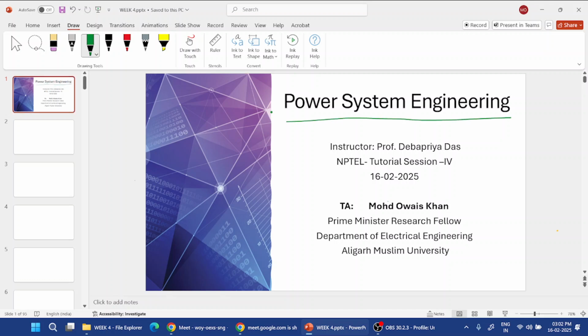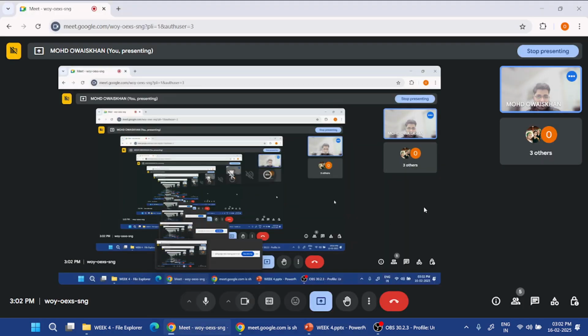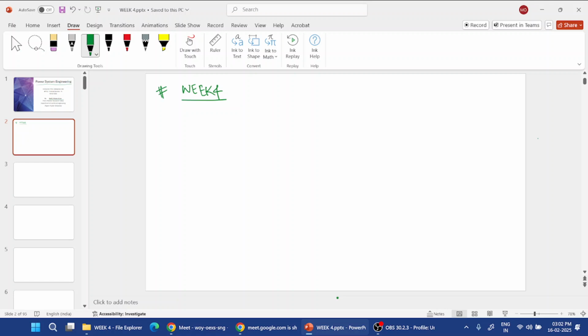It will be taken up by me, Mohammed Owais Khan, the Prime Minister Research Fellow at the Department of Electrical Engineering. Before we start our lecture, you would have gone through the week 4 lecture, in which you have gone through the basics of various things which have been discussed over there.